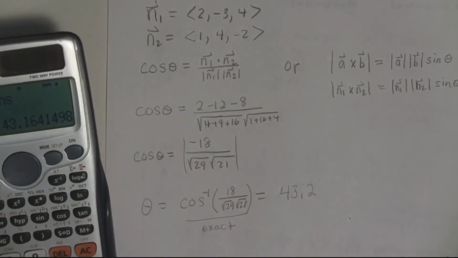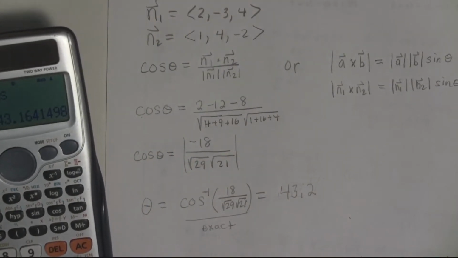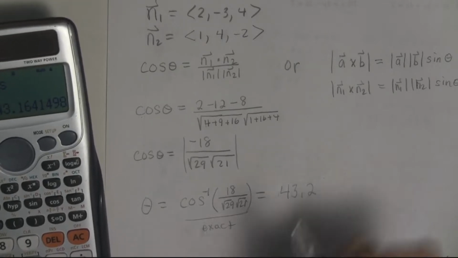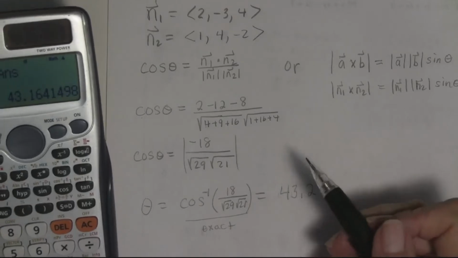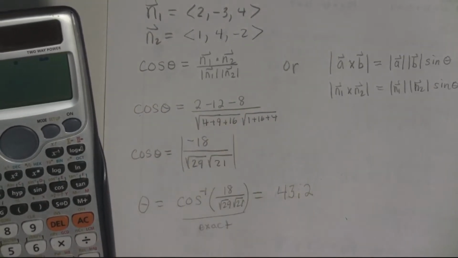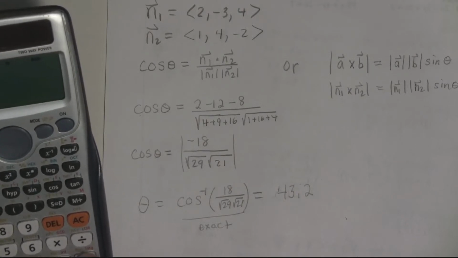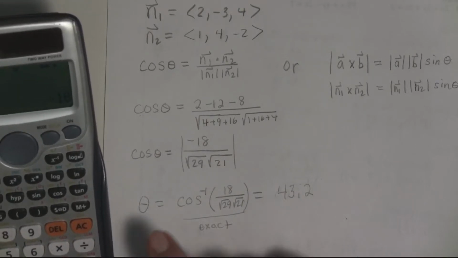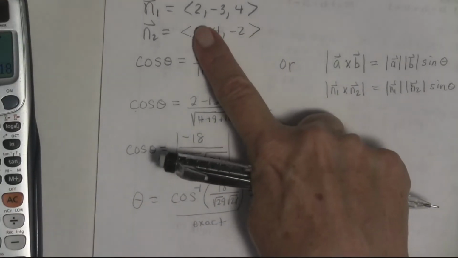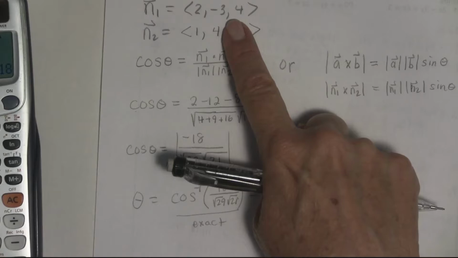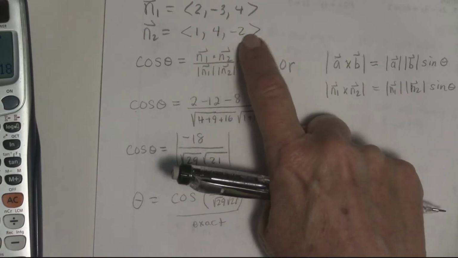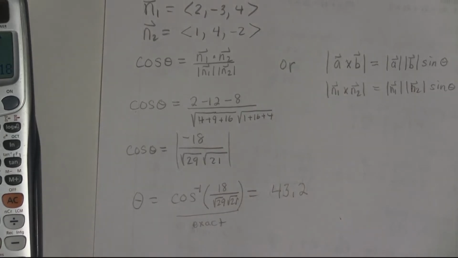That's not the answer that I got when I did it before. Make sure your normal vectors are right. 2, negative 3, 4. 1, 4, negative 2. They are.